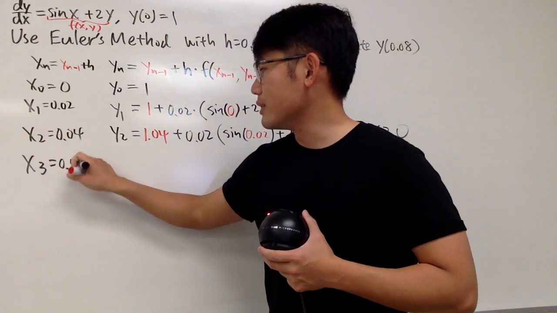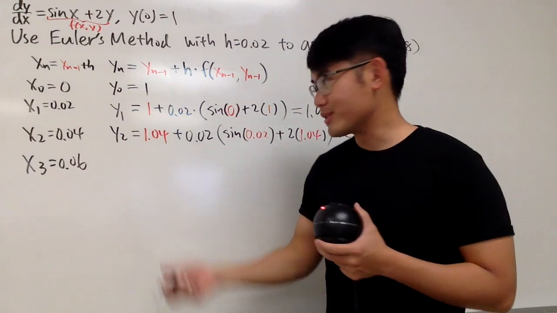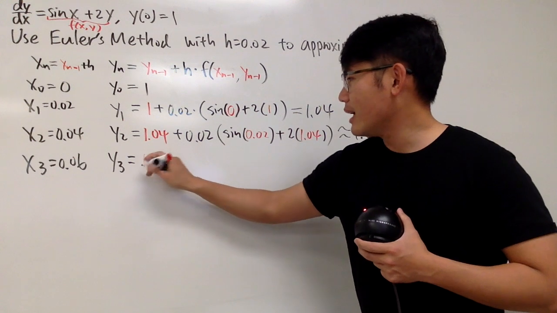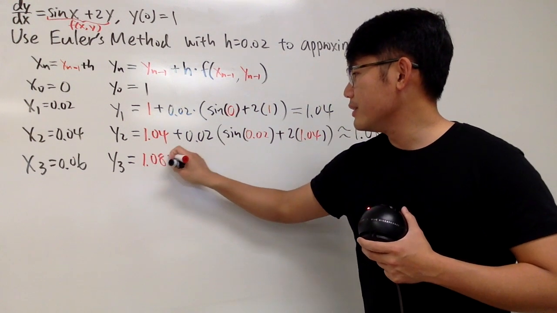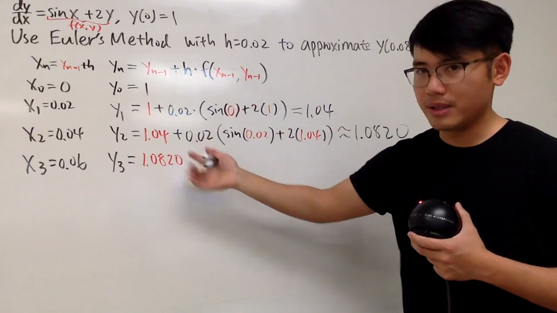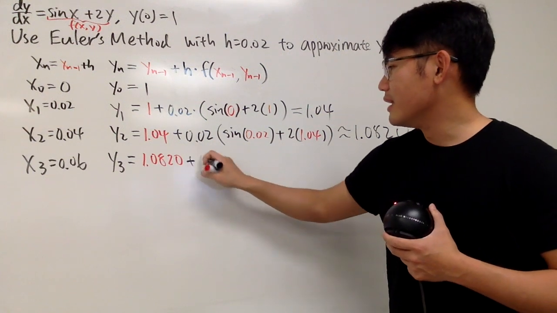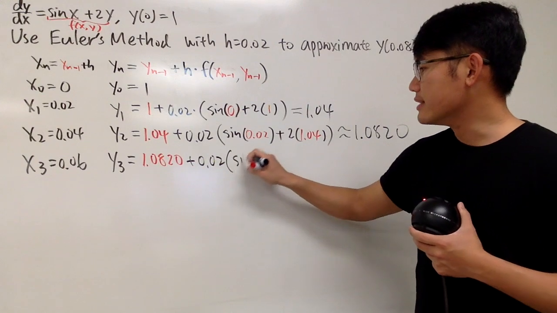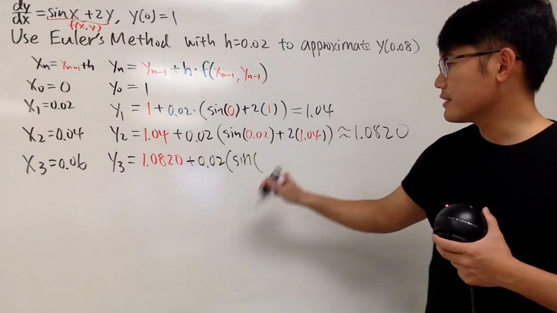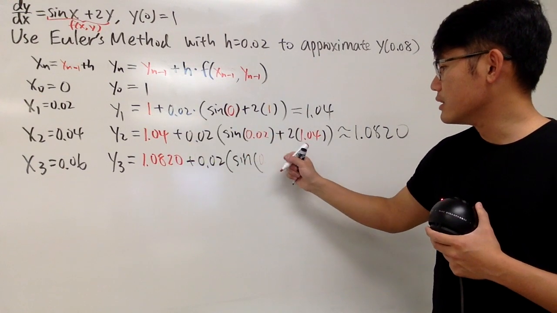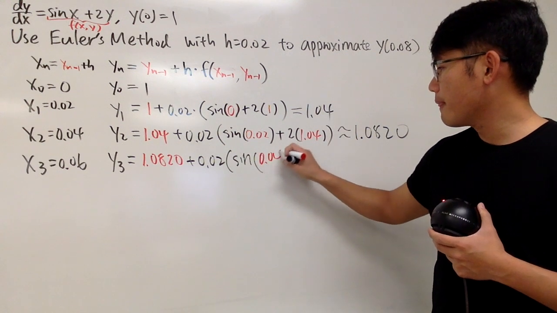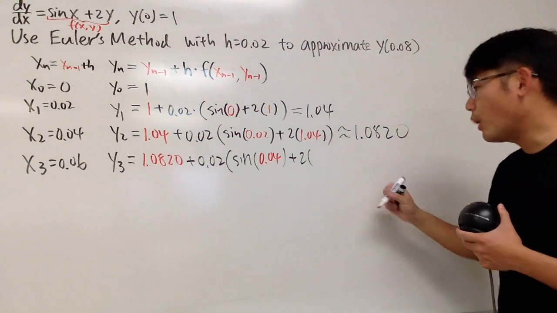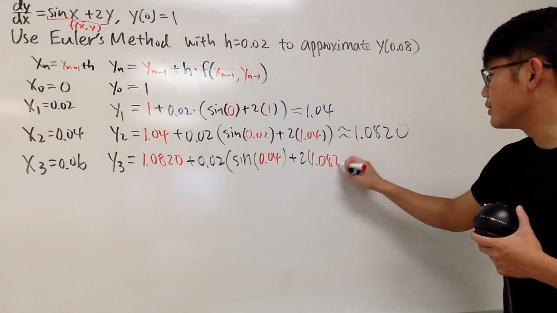And then I will just continue. x3 is equal to 0.06. And then y3 is equal to the previous y value, which is 1.0820, plus, again, h is 0.02. h doesn't change throughout the whole process. And then sine of the previous x value, which is 0.04, and then we add 2 times the previous y value, 1.0820.